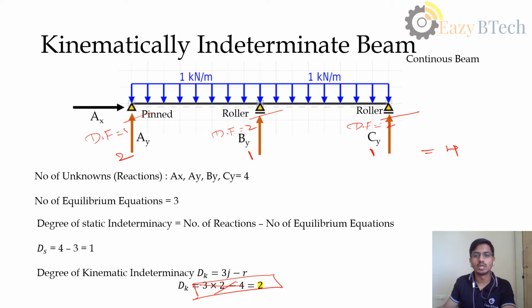So the total number of degrees of freedom we will get is 5. When we substitute the same here, it is 3 times the number of joints, which is 3, minus the number of reactions, which is 4. So that gives me 9 minus 4, it is 5. So this is kinematically indeterminate with a degree of 5.